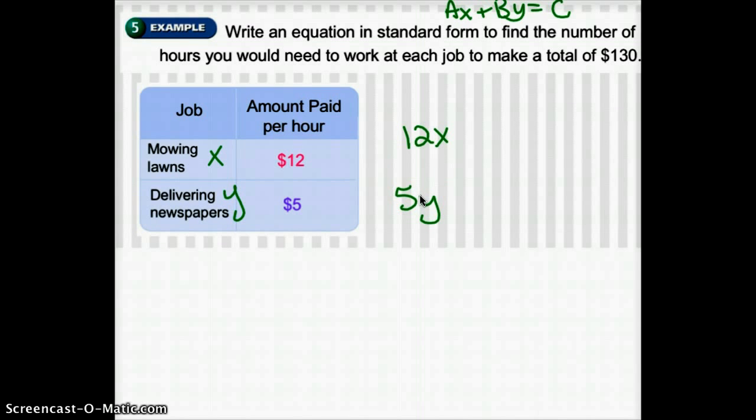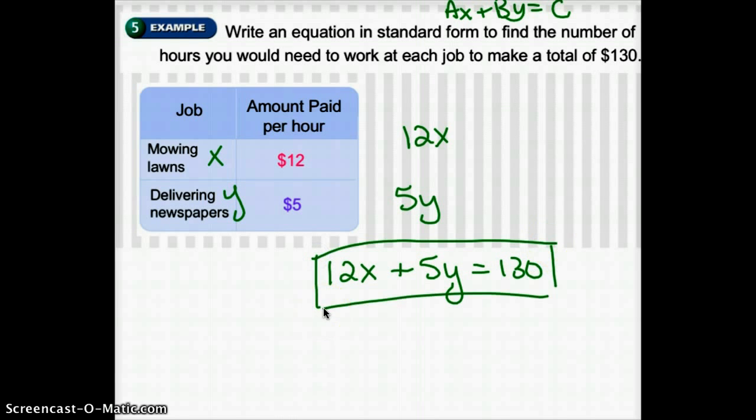To figure out how much I would make altogether, I would do 12X plus 5Y, and I want to make $130, so I would say equals 130. There you have it, a lovely equation in standard form. Okay, we could find our intercepts, we could do a couple other things, but it was a nice way to write that type of equation where you had the two jobs.